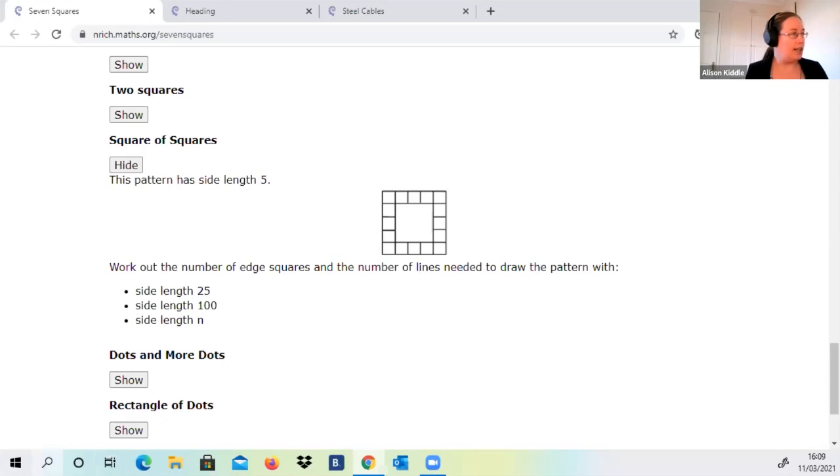And Charlie, first of all, how many squares do you think there are in the pattern shown on the screen with a side length of 5? Okay, I think there are 16 squares. 16 squares, okay. And how did you work out those 16? Did you just count them, or did you do something clever?